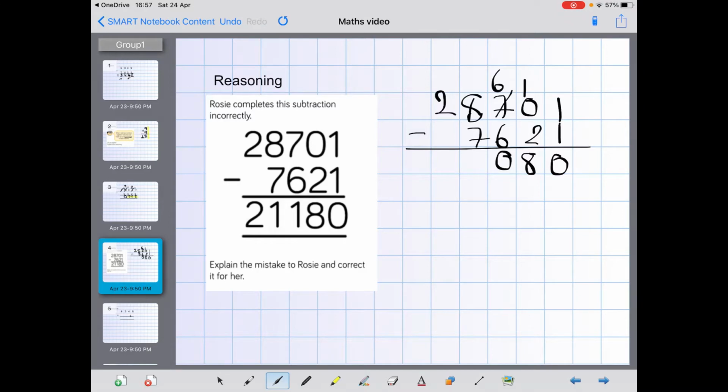Now here, children should automatically be able to see that we have got a different answer to Rosie. They will be able to note that although Rosie exchanged in order to subtract in her tens column, she did not remember to change the number in her hundreds column. So she did not complete her exchange correctly.